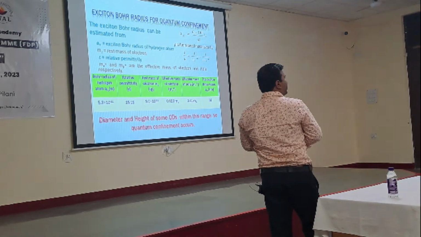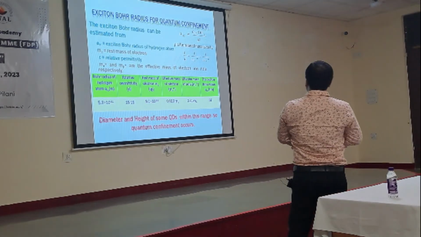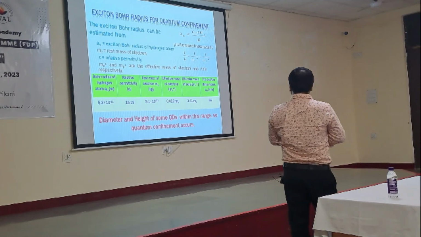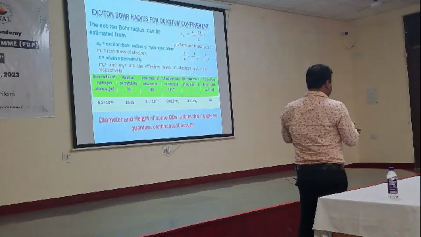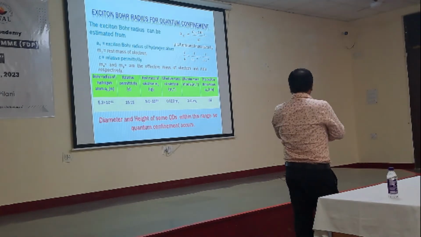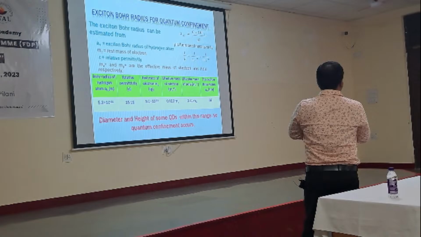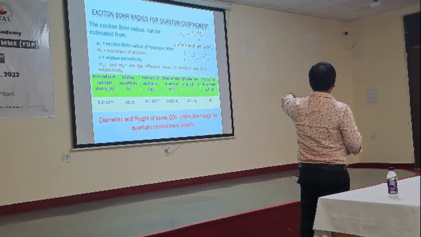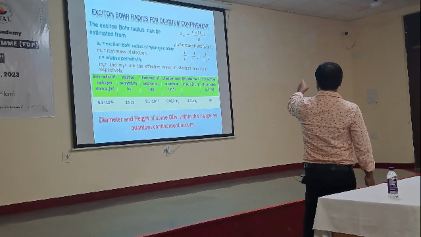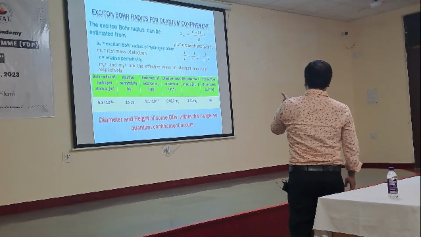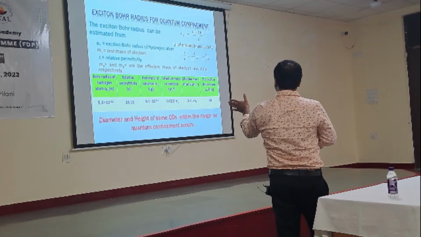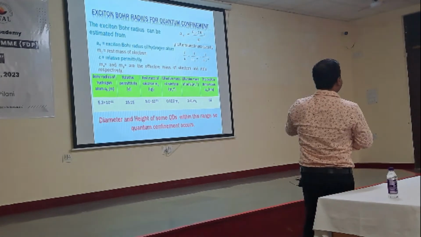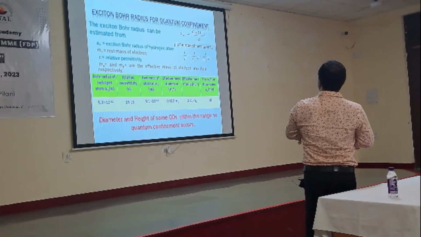So for indium arsenide, the excitonic Bohr radius is 36 nanometer. We can consider indium arsenide as a quantum dot or bulk material depending on whether its size is below 36 nanometer. If you obtain indium arsenide quantum dots below 36 nanometer, then you can see that the particle is actually in a quantum state.